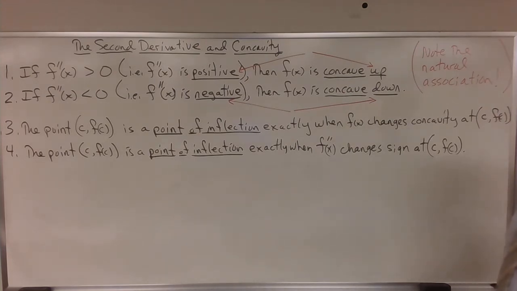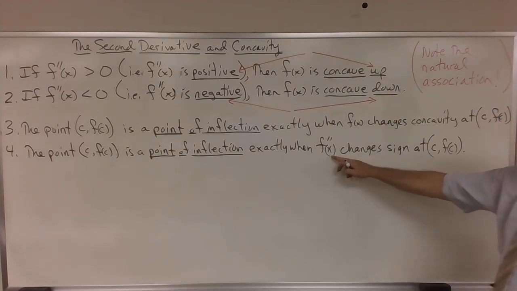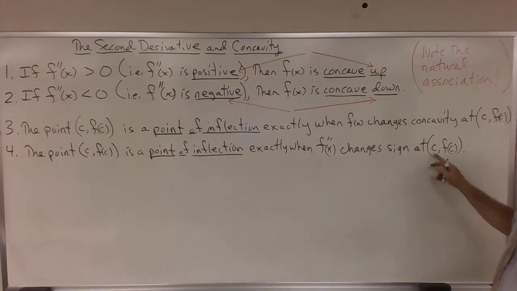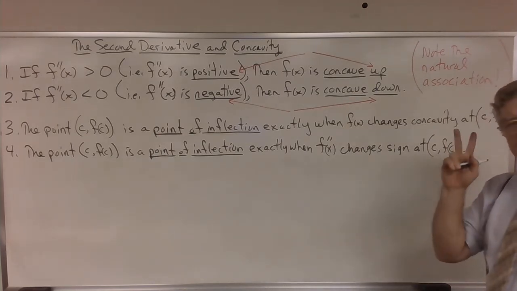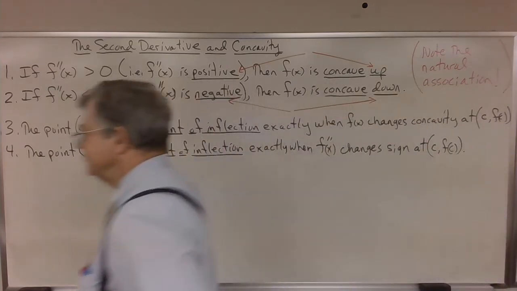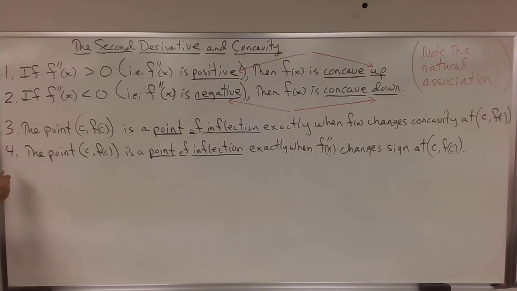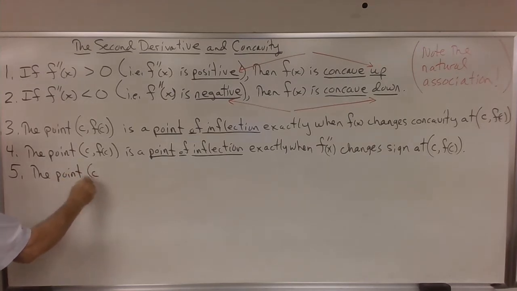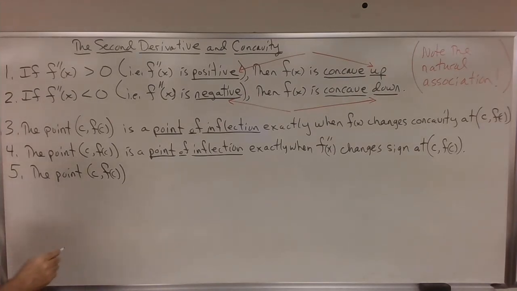So if we have a point of inflection at (c, f(c)), the second derivative has to change sign right here. And you know what? There's only two ways that that can happen. And this is very analogous to critical numbers in the first derivative.